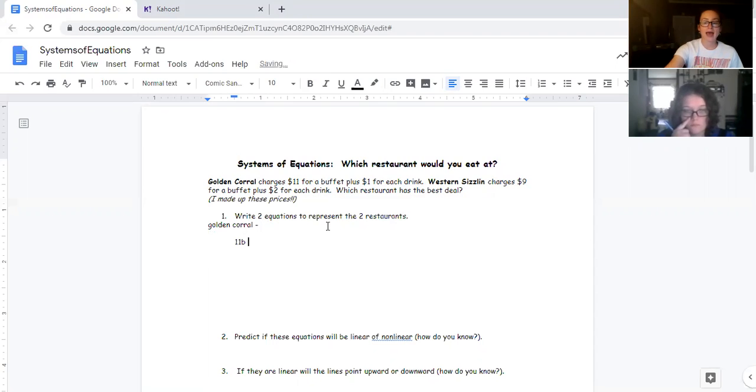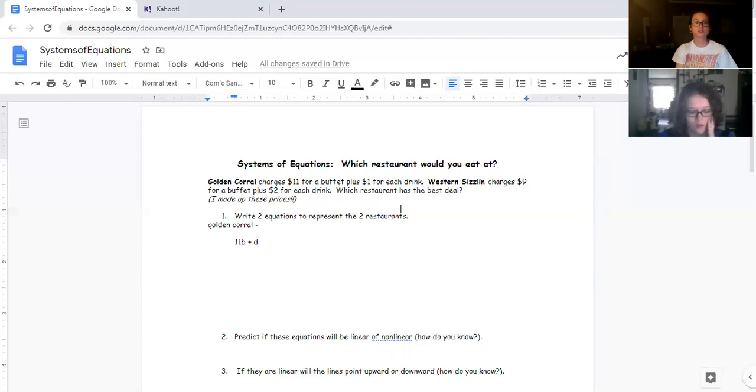Then we have to add in the drink price, which is just $1 for each drink. So we could do 1D for one drink, $1 every drink, but we don't necessarily have to put the 1 there. We can just put D, and that's an understood 1 in front of it.